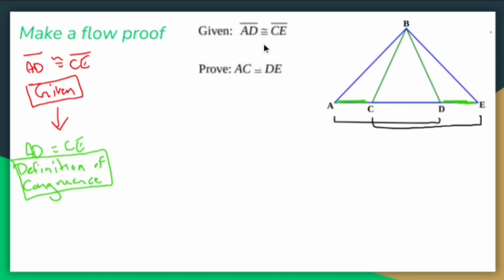Now what? Well, I need to go from AD and CD to AC and DE. So how can I do that? How can I turn these guys into these guys? Well, AD includes AC because AD is AC plus CD. So let's say that AD is equal to AC plus CD.